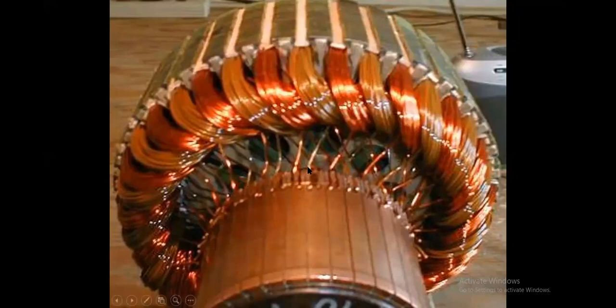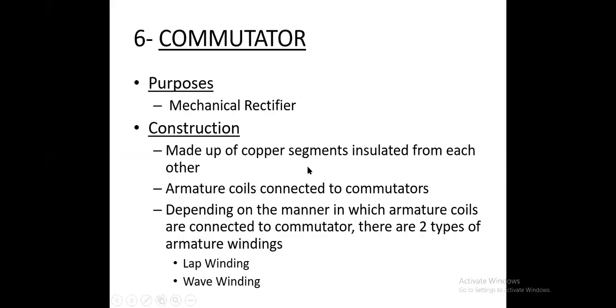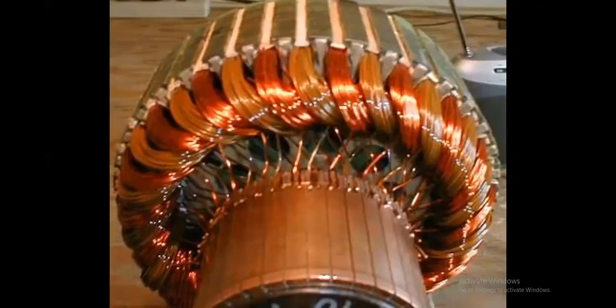Now moving towards the next slide, that is the commutator part. Commutator, I already mentioned, and it is clear to you that this one is the commutator. You can see the commutator is the device or the part by which the DC supply can be provided to the armature from carbon brushes. Carbon brushes are connected at this level.